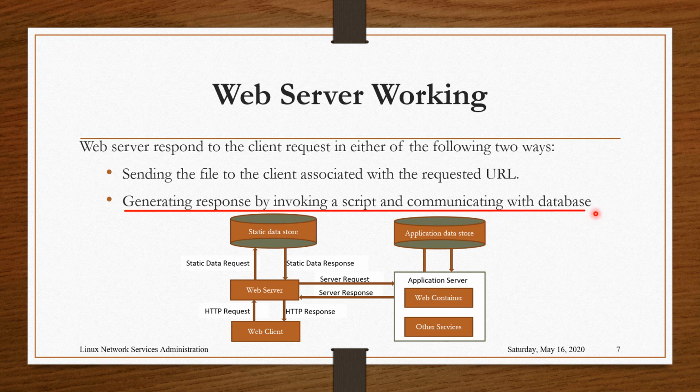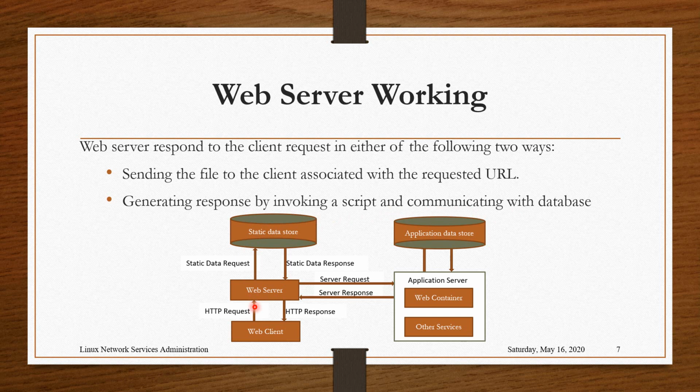Whatever request the web server gets from the end user, the client, it will give the response to the end user or client by invoking a script and communicating with the database.